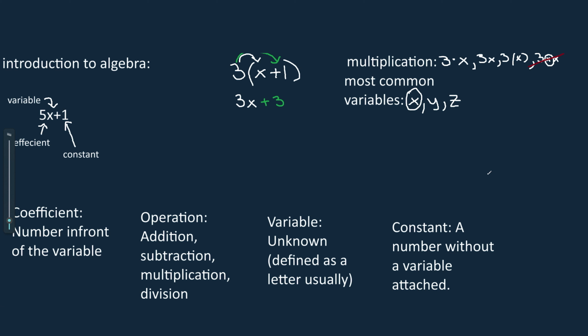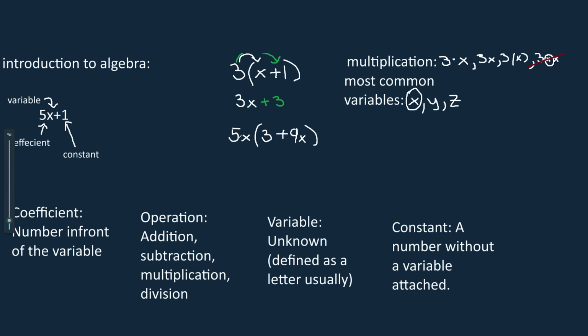Let's do another example of this newly found distributive property. So we could do 5x times 3 plus 9x.